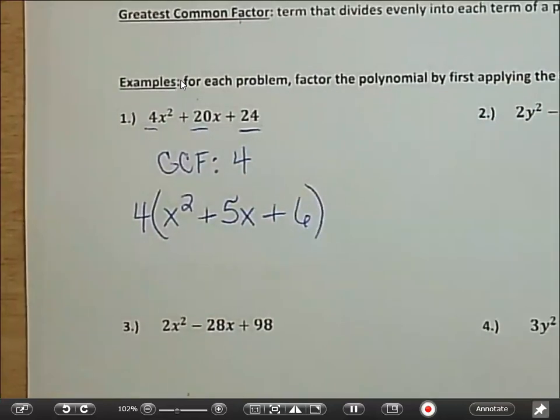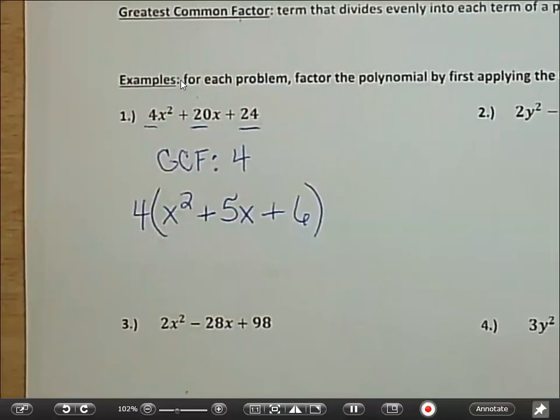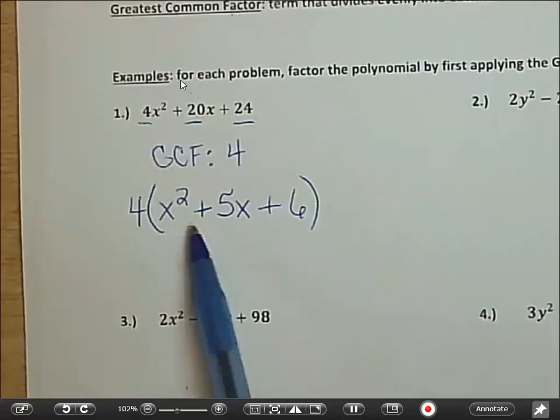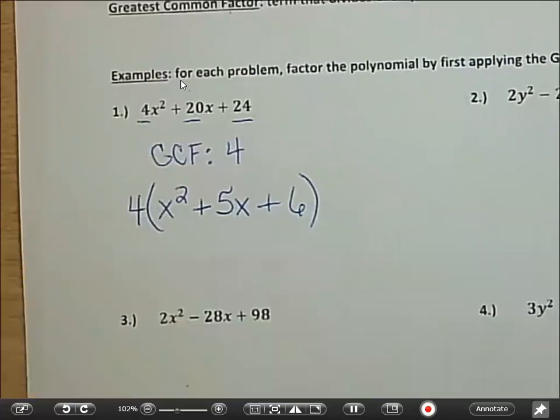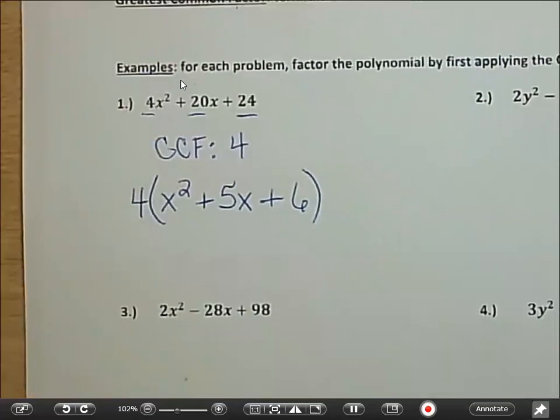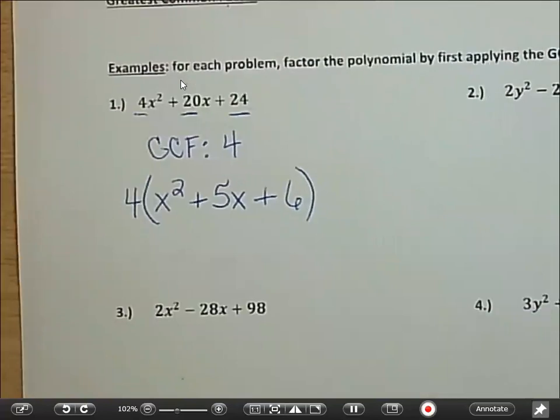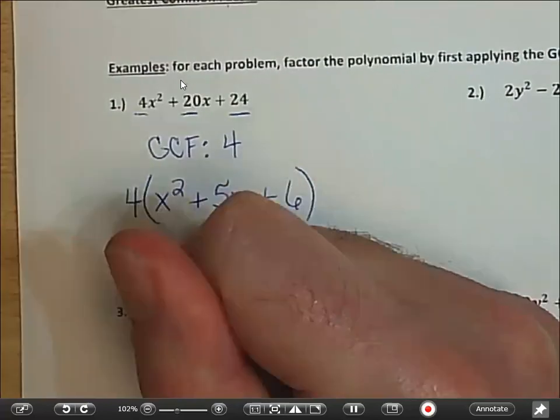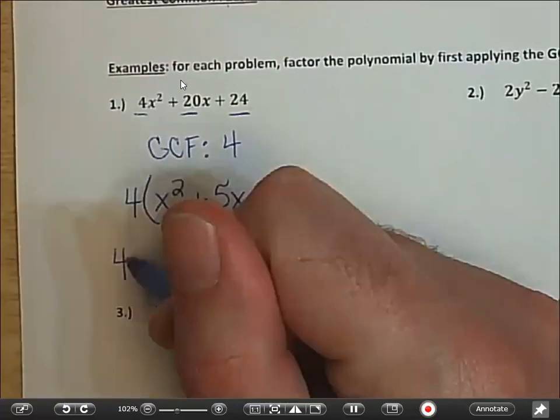All right, that could be the tough part of the problem for a lot of people. There's a lot to keep track of there, but once you get that step established, a lot of students find that it gets a little easier. What you'll notice is this trinomial inside the parentheses, that's the sort of thing we dealt with yesterday. And yesterday's stuff is going to come back into play, which means that the 4 is just going to chill out in front here.